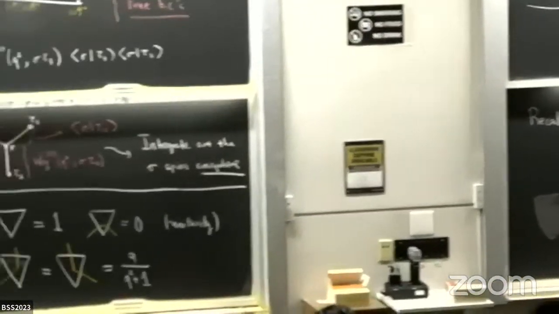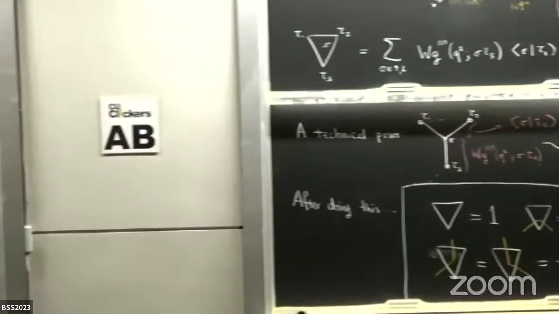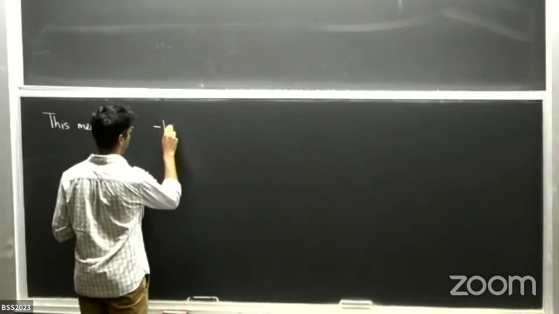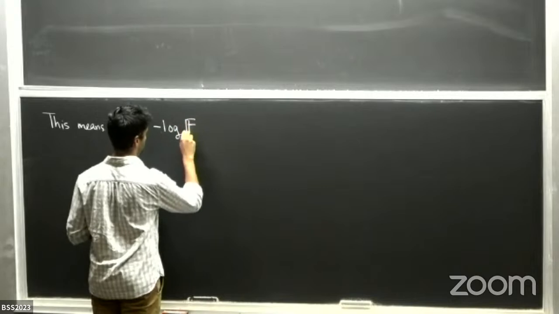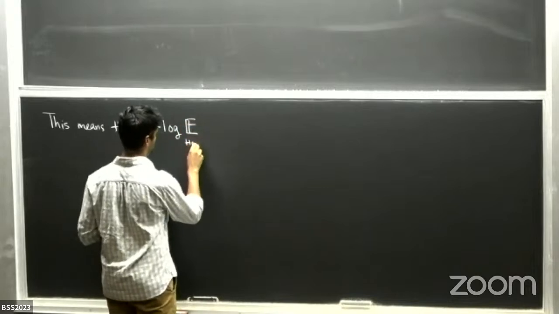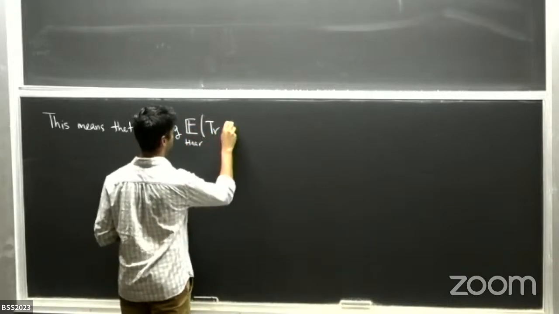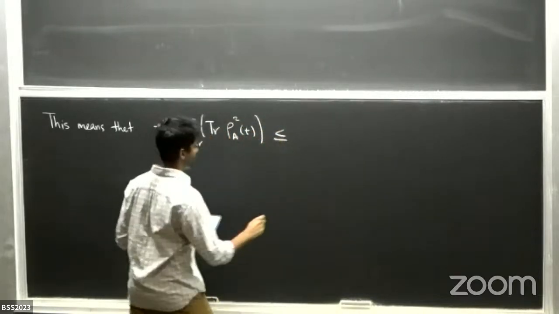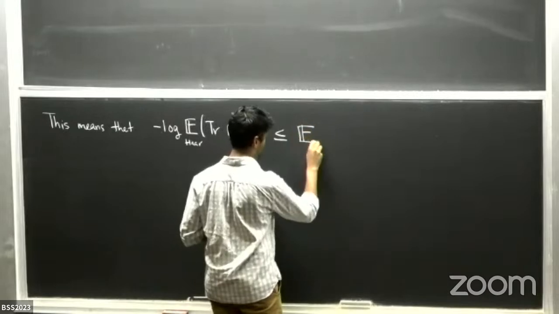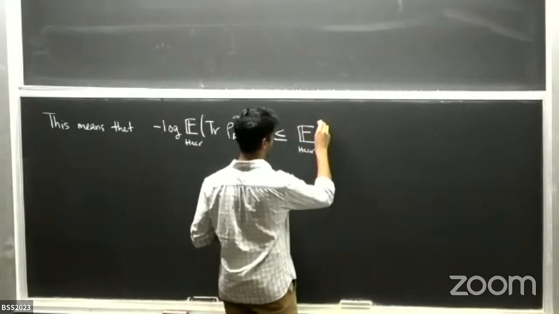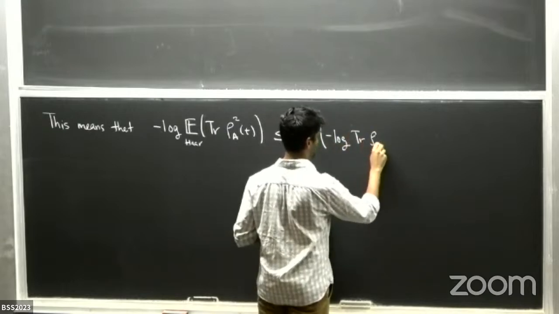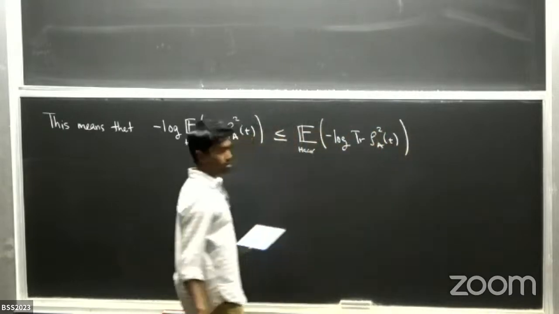So this means that minus log of the expectation value over the Haar measure of trace rho A squared is less than or equal to the expectation value over the Haar measure of minus log trace rho A squared of t.